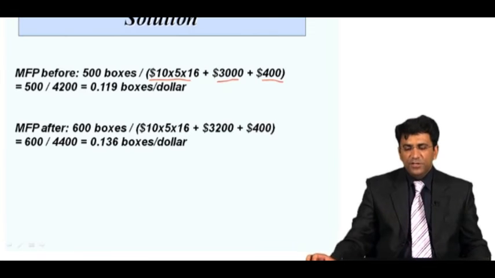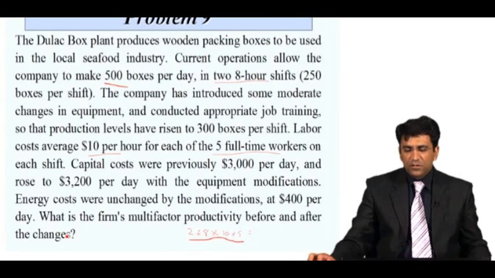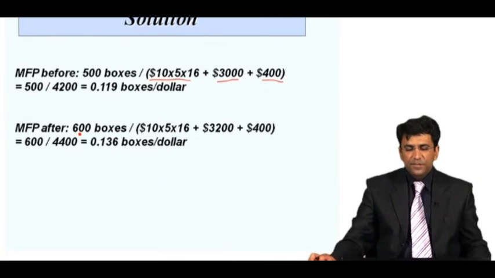Similarly, we can also calculate the productivity after the introduction of that equipment, and you can see now the new output is 600. Again, 300 boxes per shift means there are 2 shifts, so total output will be equal to 2 multiplied by 300. This will be equal to 600 divided by the same labor cost.